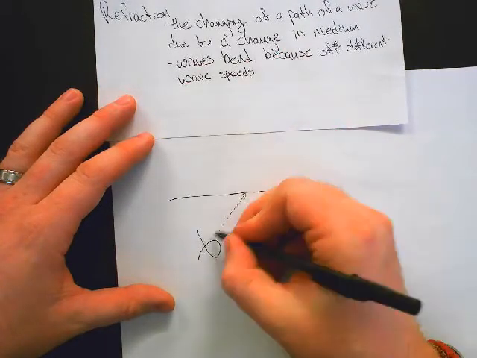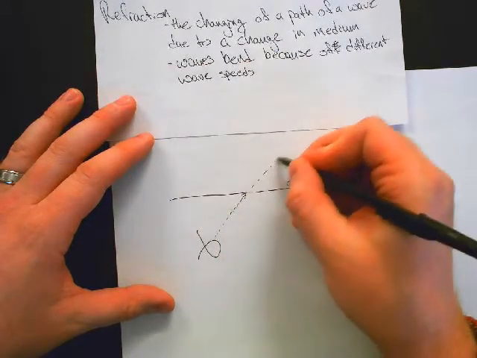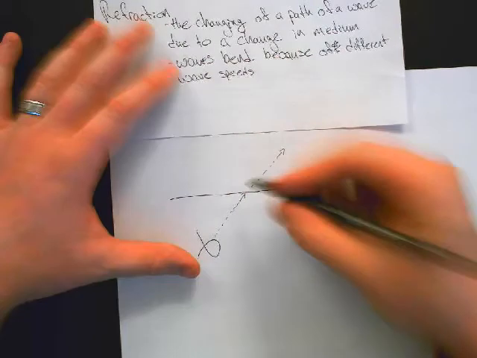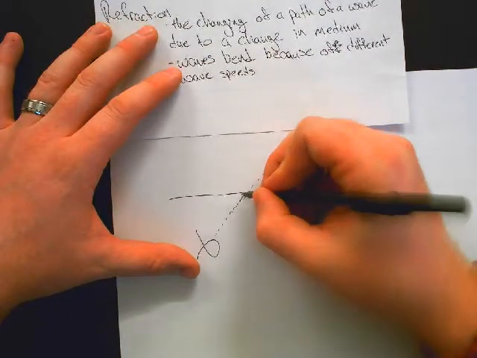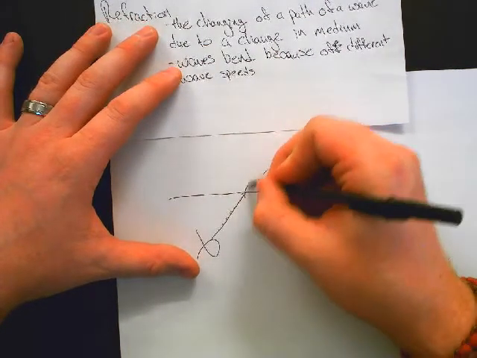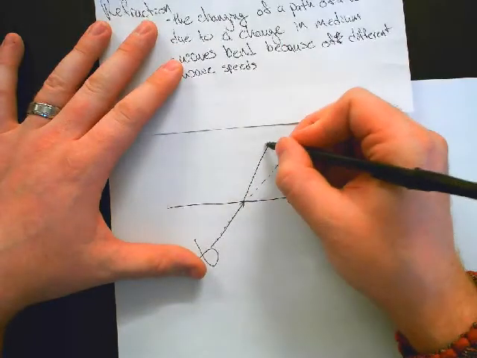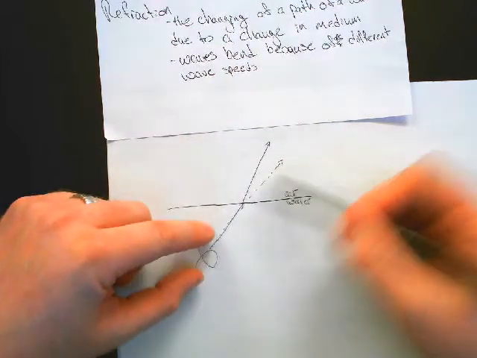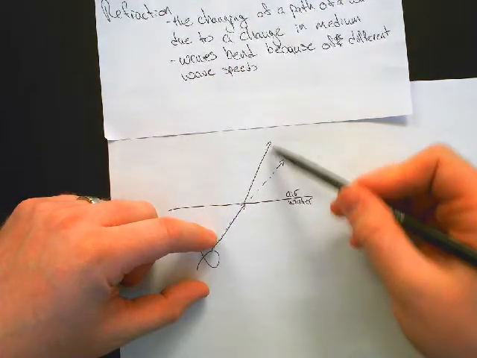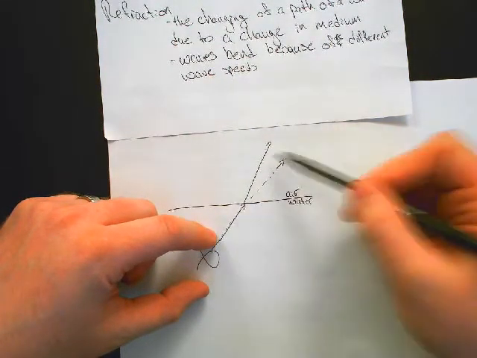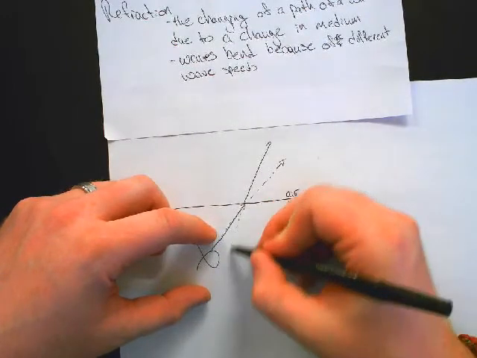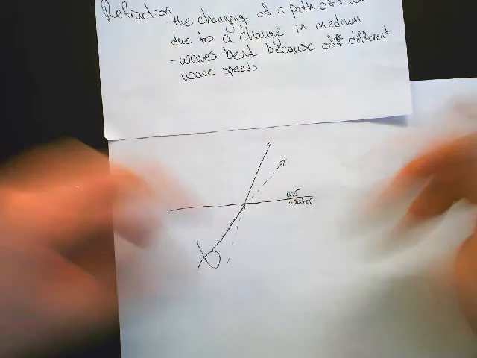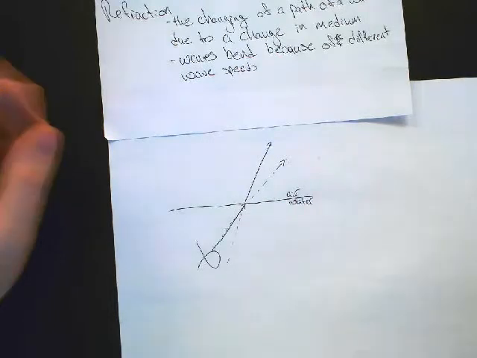The light ray, rather than traveling in a straight line, actually bends at that junction. So instead, it now travels up into a different location. While the fish would look like it's at a higher location, we actually have to aim at a different spot in order to actually make contact with it.